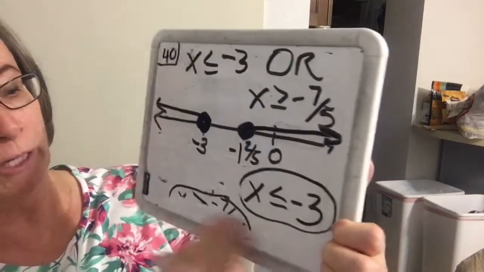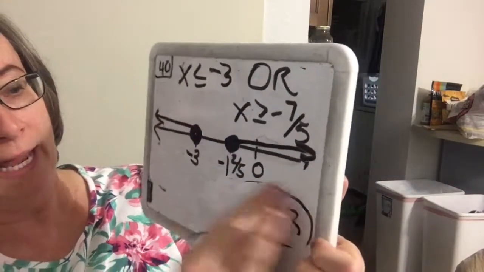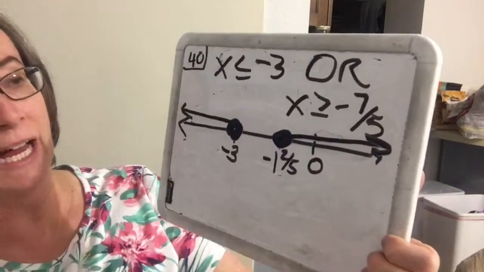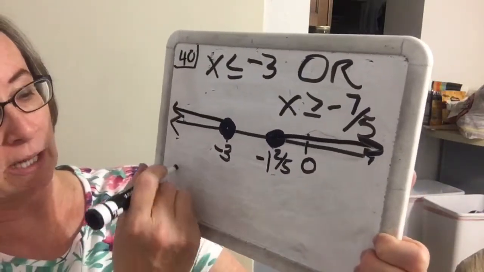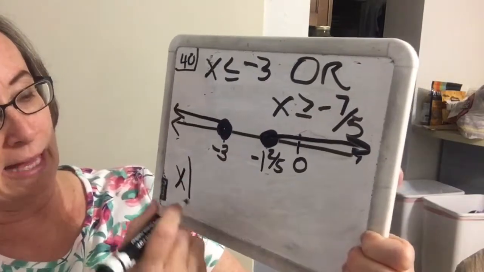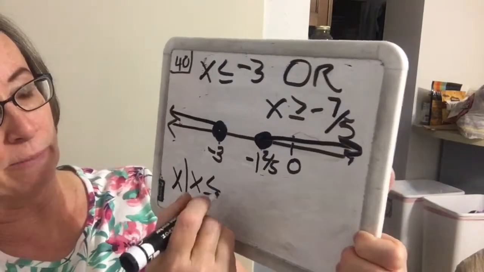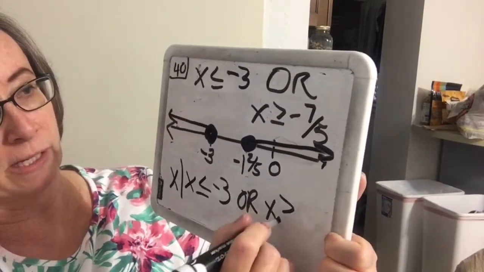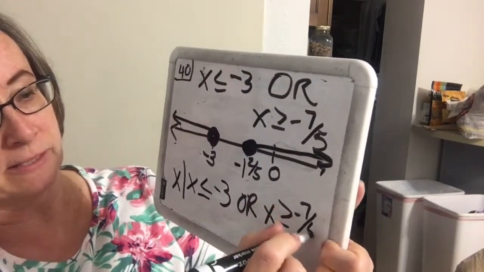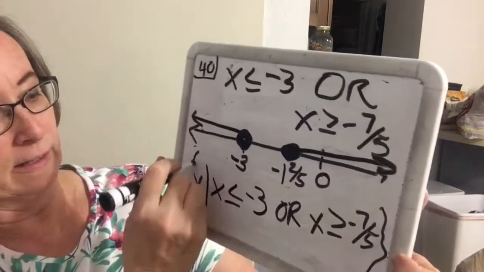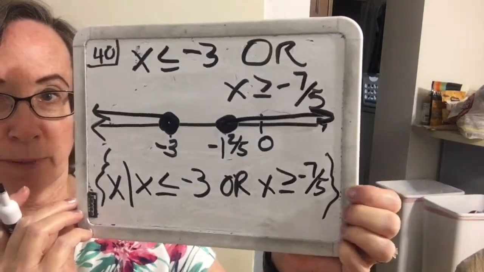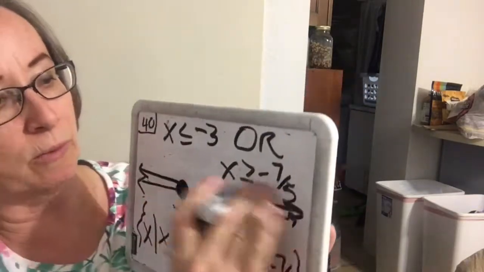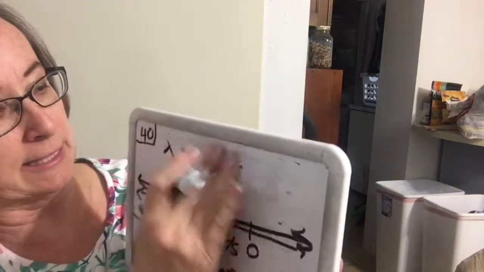Okay, so now how are we going to write this in our interval and in our set notation? It is fine in set notation to just go: x such that x is less than or equal to -3 or x is greater than or equal to -7/5. That's perfect for set notation. For interval notation, we're going to write it like this.